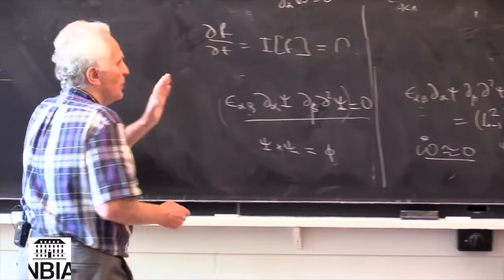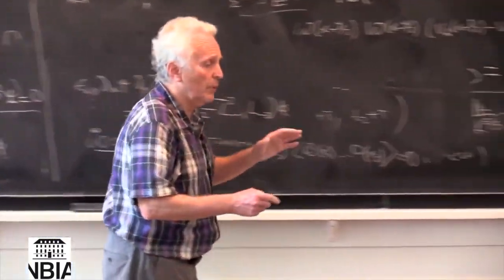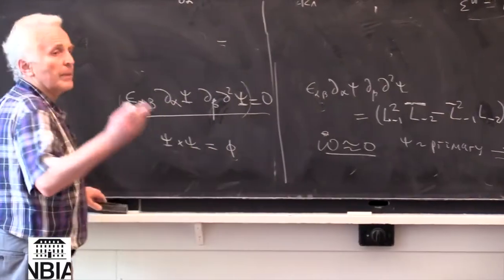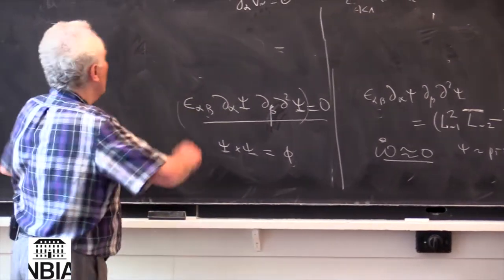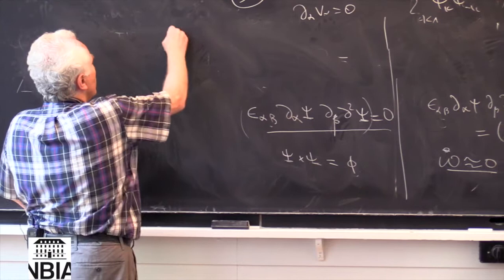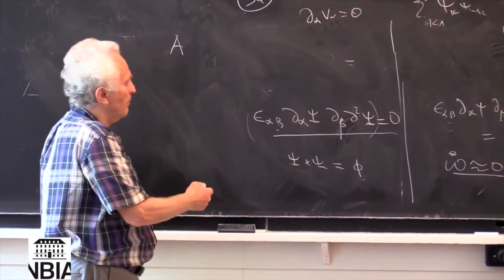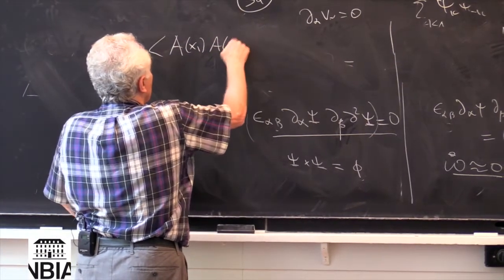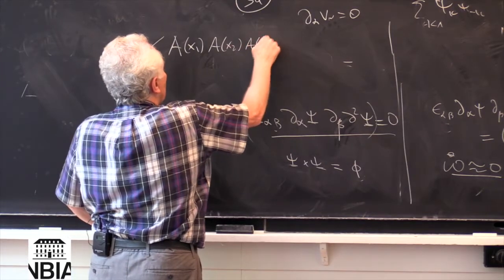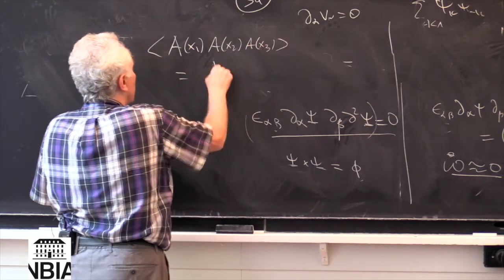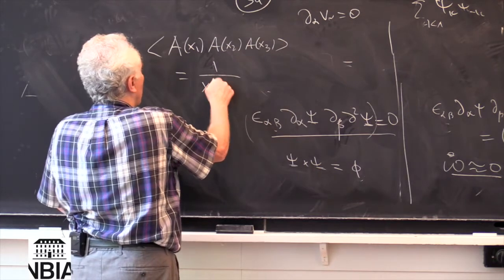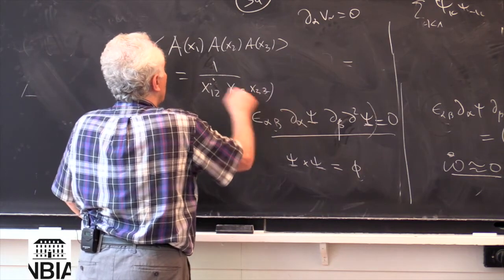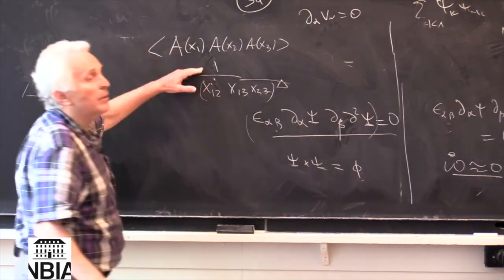That's a crucial point, and that's really crucial for the new result I'm going to display. So let's start again. When we have a primary operator, the correlation function of 3 of them has the form x12, x13, x23 to the delta, and as you see, it contains no epsilon tensor.